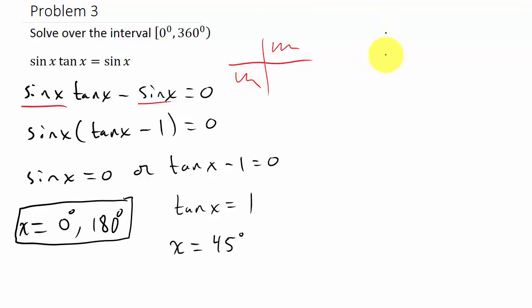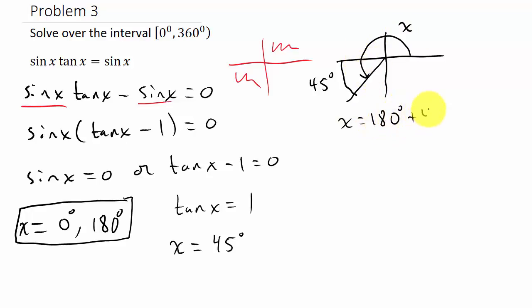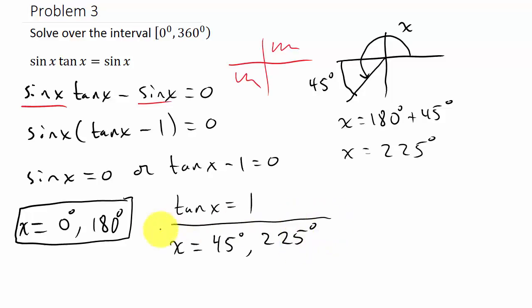So here, my third quadrant angle, we'll call this x. Well, there's my reference angle, 45 degrees. So x equals 180 plus the reference angle. So 180 plus 45, so that's going to be 225 degrees. And there are my solutions between 0 and 360 for that part.